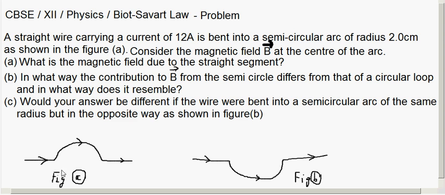In the first case, because it is clockwise, it will be into the paper. Apply the grip rule: hold your conductor in your right hand with the thumb pointing in the direction of the current. So it will give you into the paper, whereas in the other case the magnitude will be the same, but the direction will be coming out of the plane of the paper.